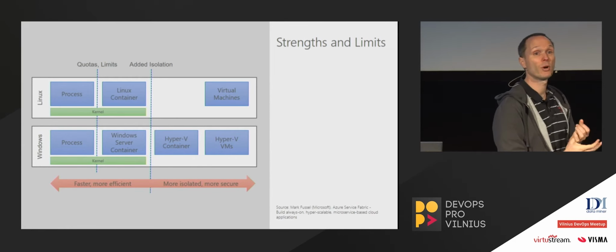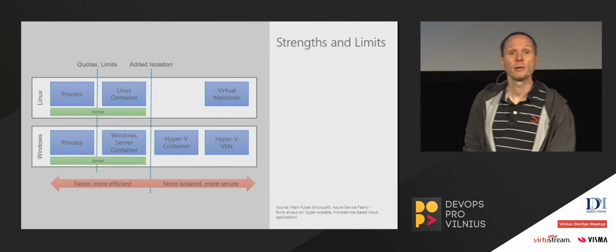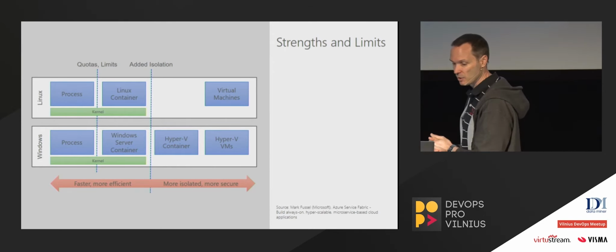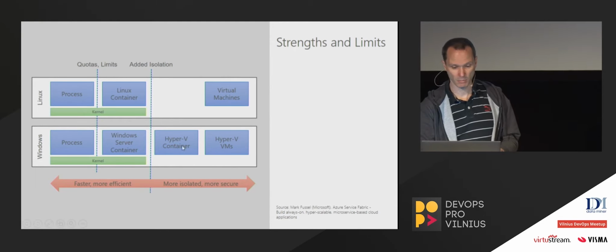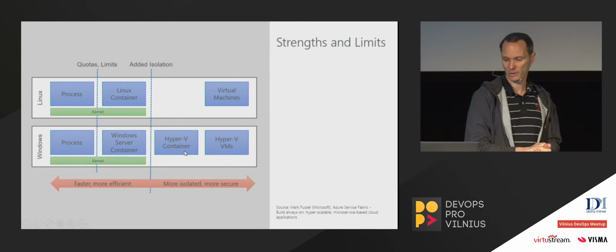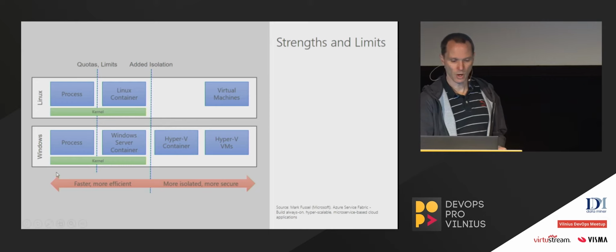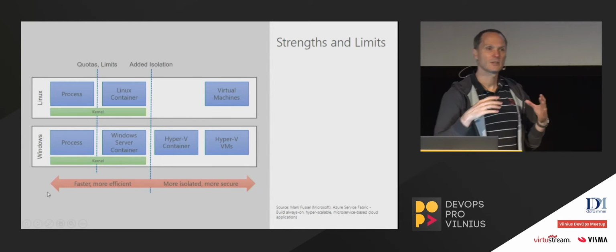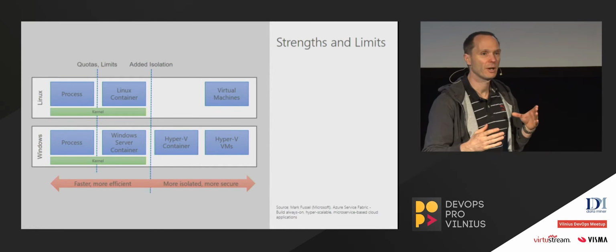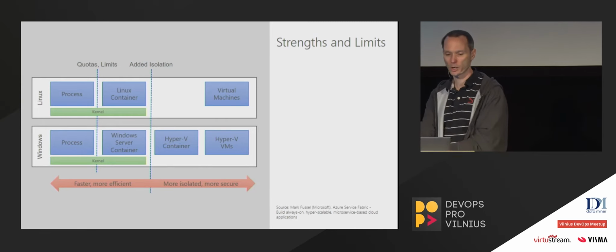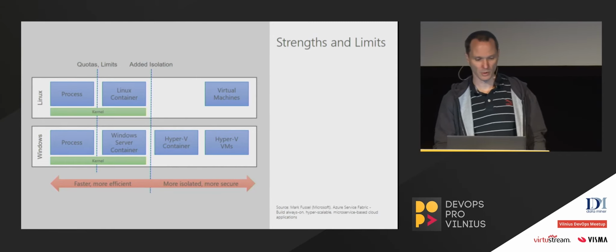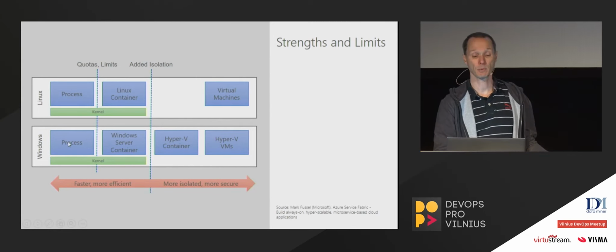Now we are coming to an important topic. If we're talking about Windows Server containers, we have a new guy sitting here in the middle, which doesn't exist, as far as I know, on the Linux side. This chart here shows on the left hand side isolation, which is very fast, very lightweight. If you want to run multiple workloads on your servers, you can of course use processes to separate them. You can use containers to separate them.